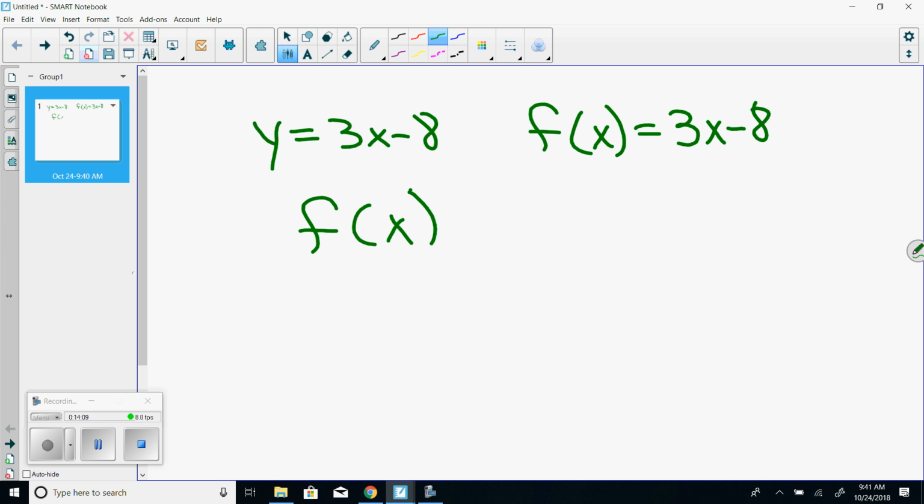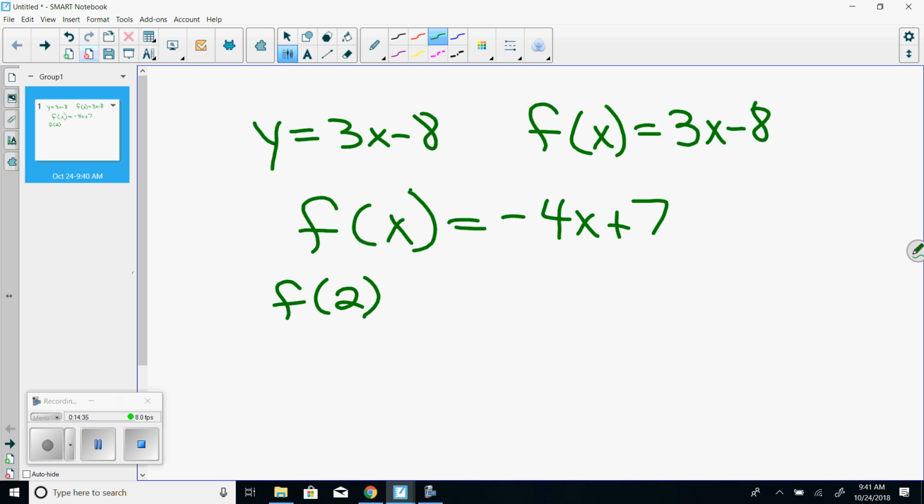Example 4. f of x is equal to negative 4x plus 7, and they want you to find f of 2. What am I going to do with that 2? If I replace the x with 2, what will I do with that 2 in the equation? What will I replace? The x.